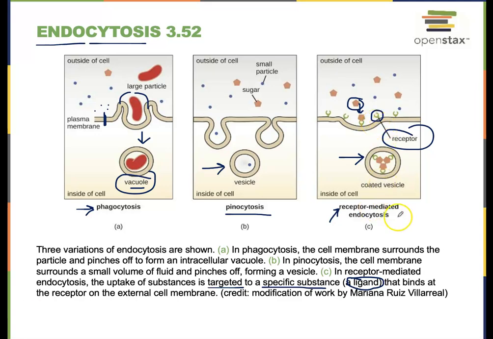So it's very specific. All of these are ways that the cell can move things in through forming a vesicle, through creating a dip or invagination in the plasma membrane, and then pinching off to move the substances inside. The only difference here is that we have a vacuole for the large things.